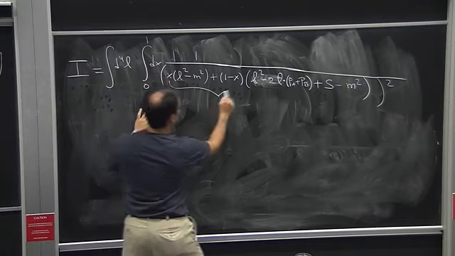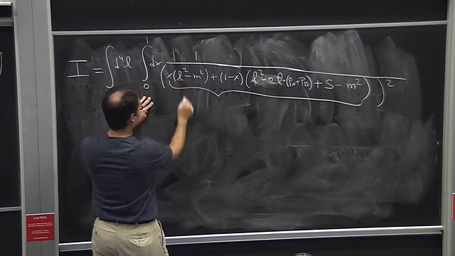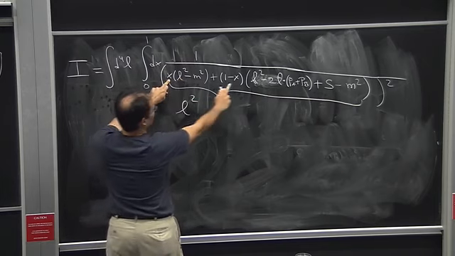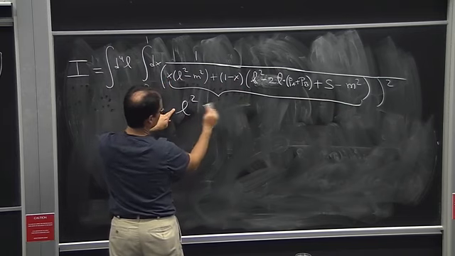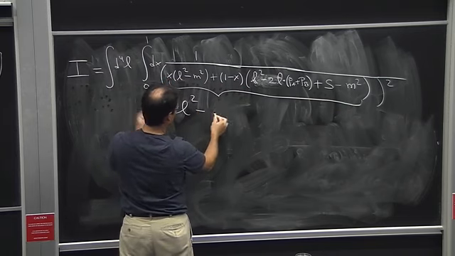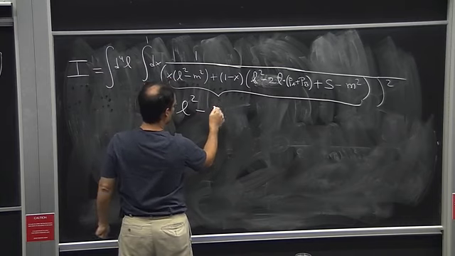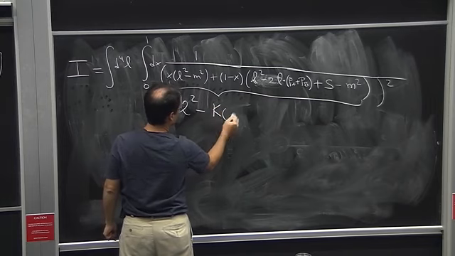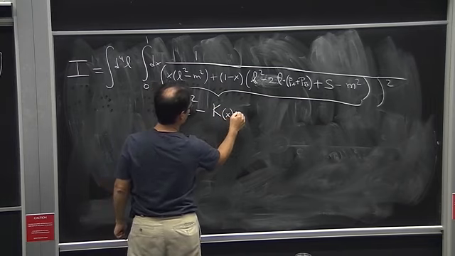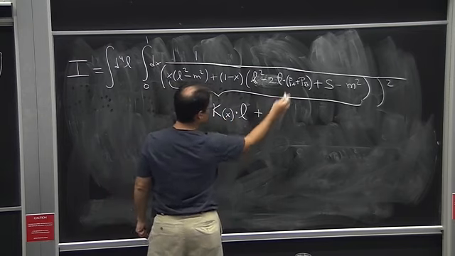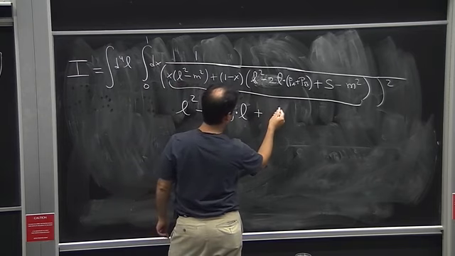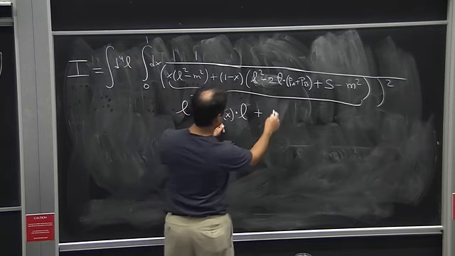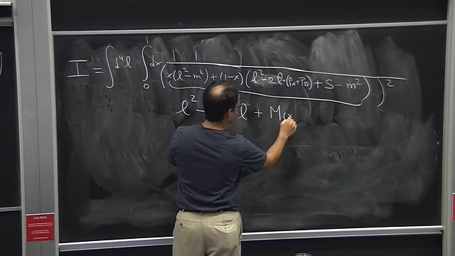Now there is something nice about this formula. If you see, the leading order is L squared, because we have this with this. The x cancels, and we get this, minus something that looks like a vector. Let's call it, maybe, capital K, that depends on x, dot L, plus something else, which we can call, say, M of x.